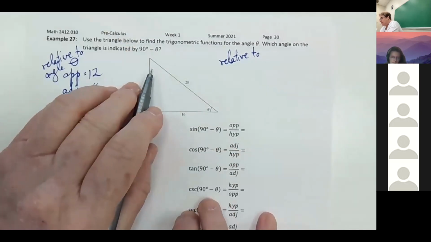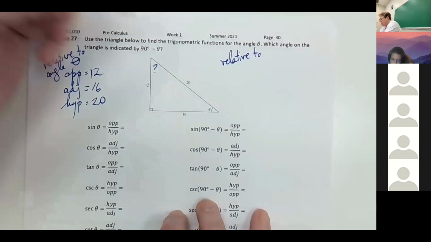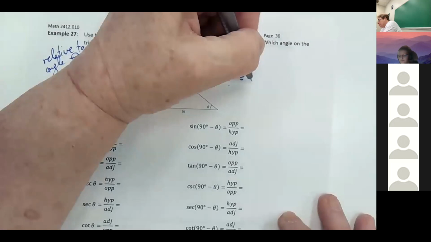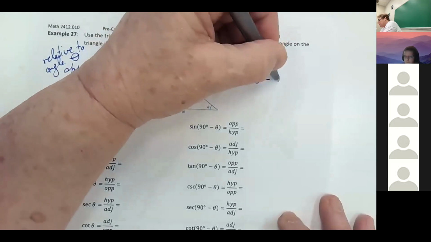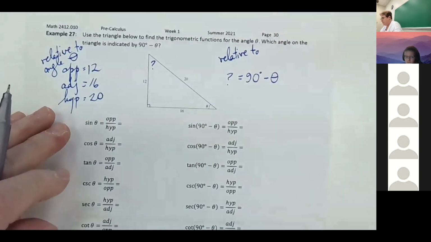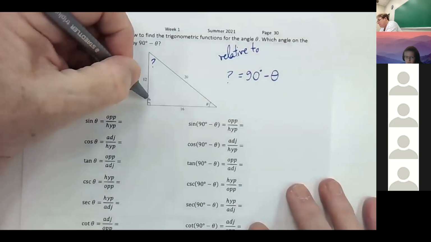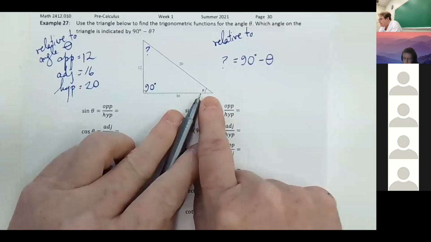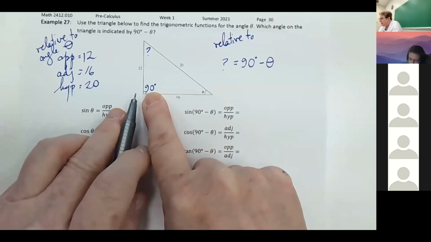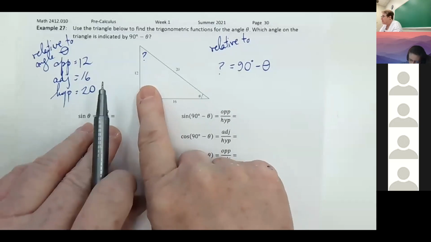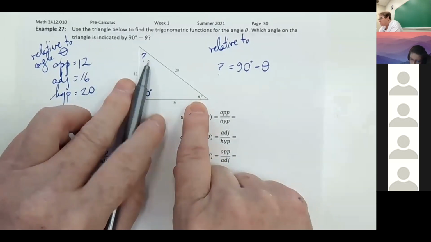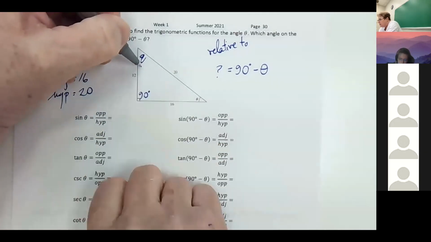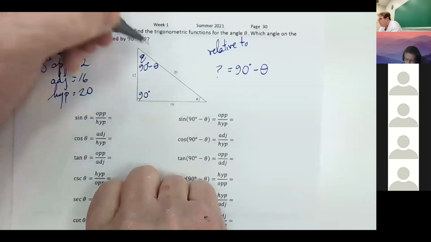What is the value of it? 90 minus 30, why? Because all of the angles have to add to 180. If you've got a 90-degree angle, and you take that away from the 180, you're left with 90, and that means the other two angles have to add up to 90. So we're going to call the second angle 90 minus theta.